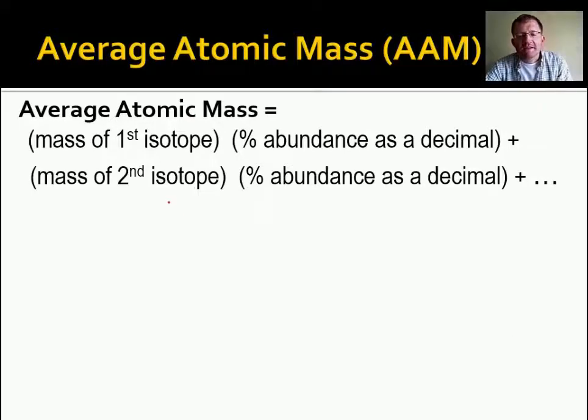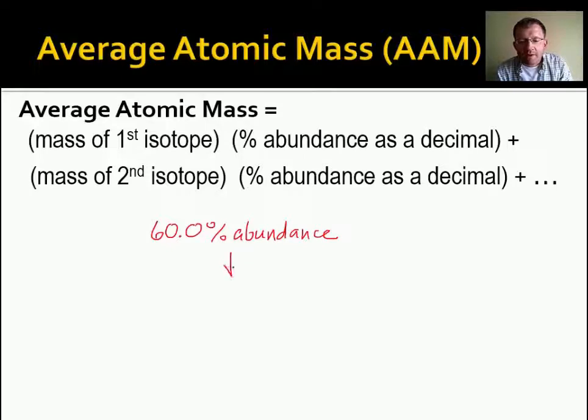Percent abundance written as a decimal means that if, let's say, 60% of the atoms were a certain mass, 60% abundance would mean 6 out of 10 or 60 out of 100. To write that as a decimal, we would write 0.600 if we kept our significant figures.